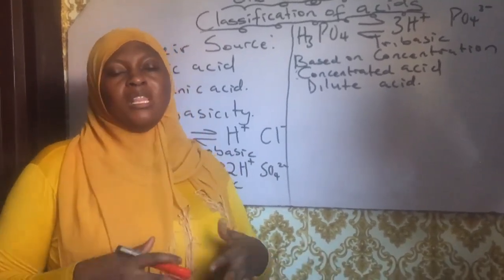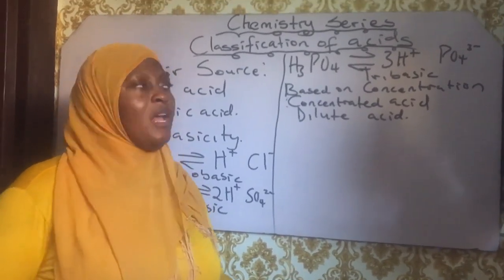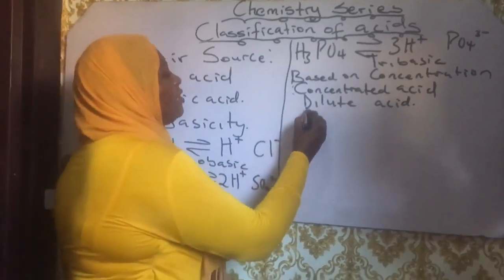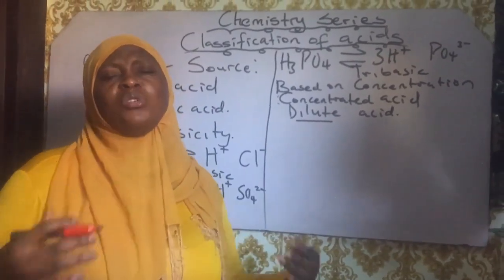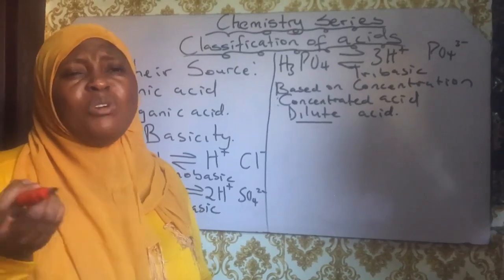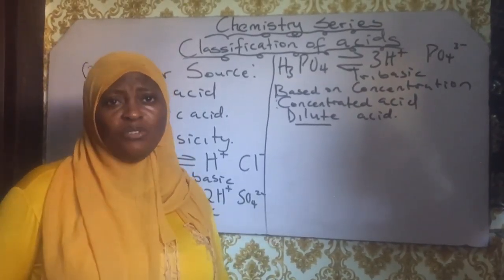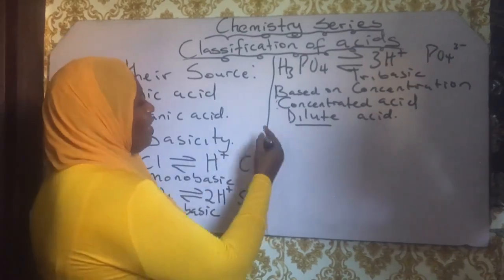For example, the concentrated tetraoxosulfate 6 acid that is used in the laboratory, concentrated hydrochloric acid that is used in the laboratory. And a dilute acid contains more water, a lot of water compared to a little amount of acid. Example, you have your dilute tetraoxosulfate 6 acid, dilute hydrochloric acid.